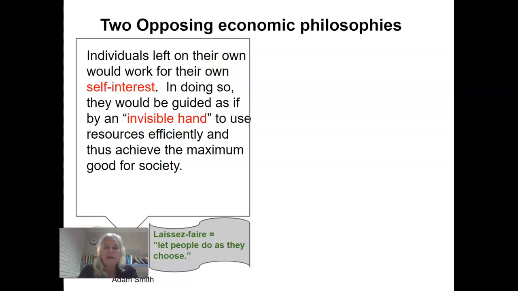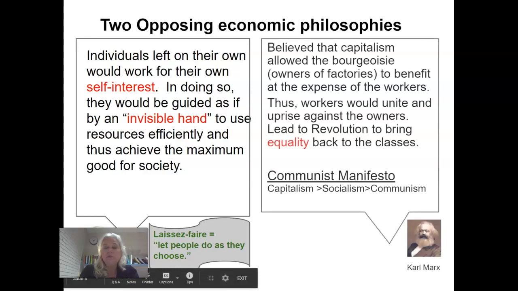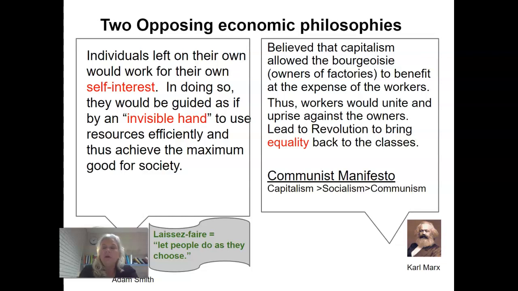So first of all, on the one hand, the Adam Smith side of things, people work for their own self-interest, and they're guided as if by an invisible hand to use the resources efficiently and achieve maximum good for society. This is called laissez-faire economics. Let people do as they choose. On the other hand, in the Communist Manifesto, Karl Marx talked about capitalism and the bourgeoisie, the owners of the factories, benefited at the expense of the workers.